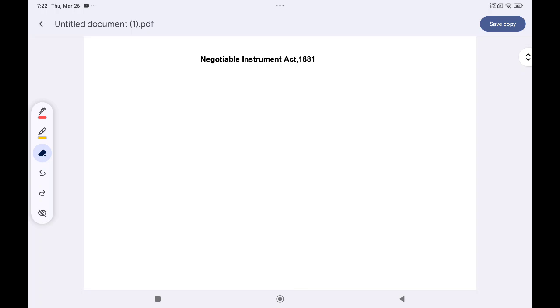So now let's talk about some definitions under this act.